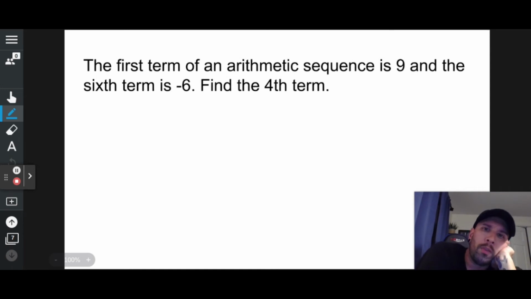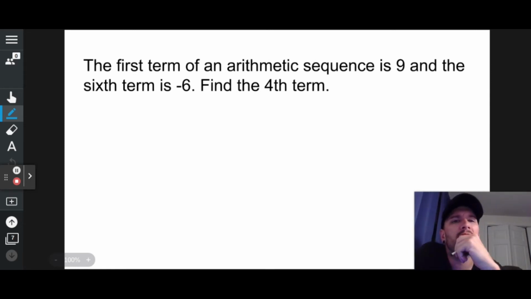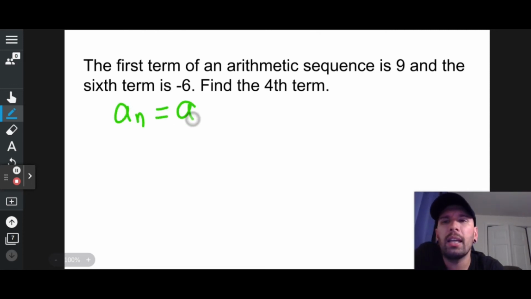The first term of an arithmetic sequence is 9, and the sixth term is negative 6. Find the fourth term. Okay, so let me write out my equation. I have a sub n equals a sub 1 plus n minus 1 times d.